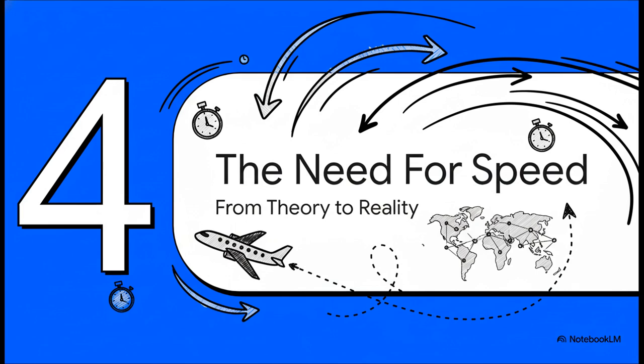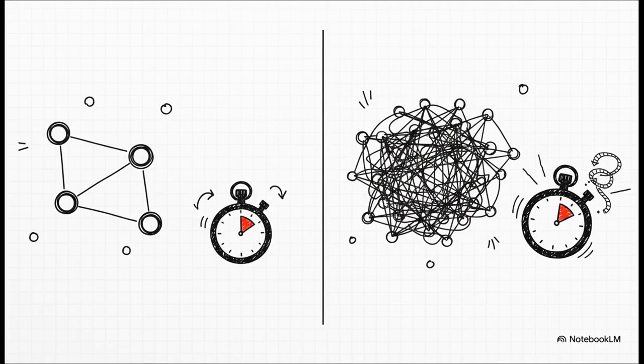And this gets us to the next massive challenge in this kind of problem solving. The speed at which you find an answer is often just as important as the answer itself. So, how well our algorithm performs really depends on the size of the problem. We can think about it with two numbers, n, which is the total number of cities, and f, the total number of flights. Obviously, as n and f get bigger and bigger, the problem gets way harder.